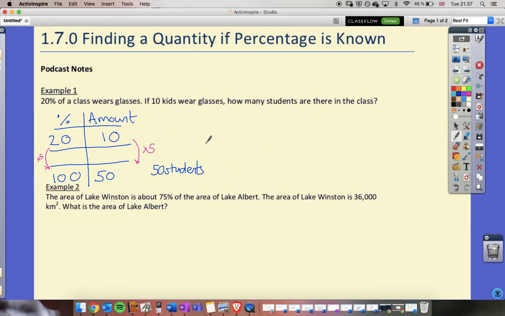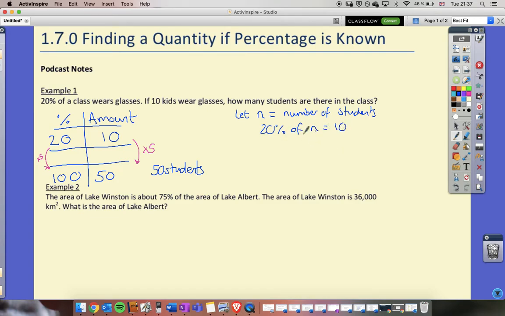An alternative method will be a more algebraic approach, and that's to say, let's say the letter n is equal to the number of students in the class. And what we've done is we've said 20% of n is 10.